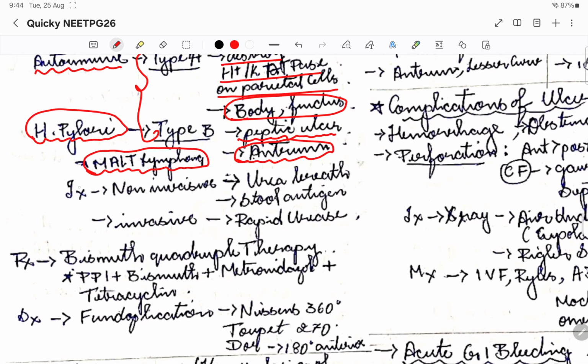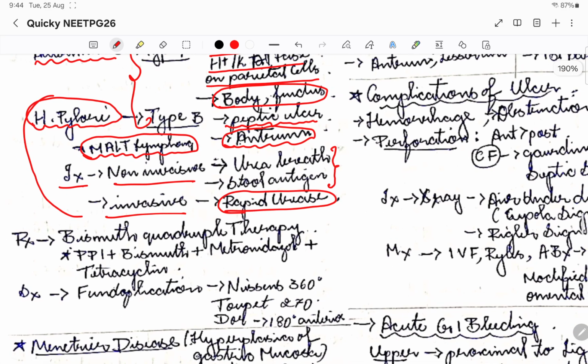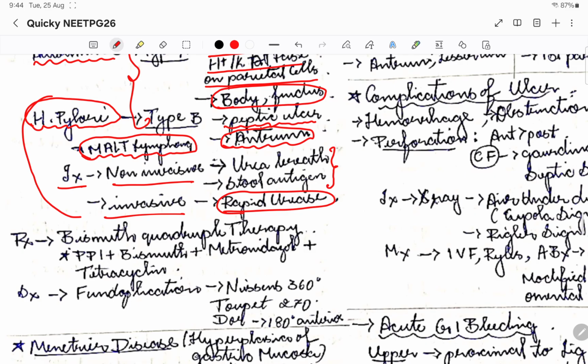The investigations that we do are non-invasive tests and invasive tests. With respect to H. pylori or the peptic ulcer, non-invasive is the urea breath test and stool antigen, whereas in invasive we do the rapid urease test. This is the invasive method of investigating the peptic ulcer.